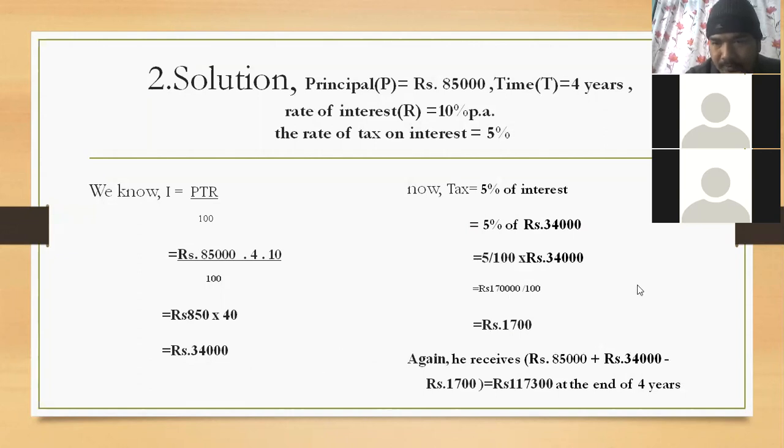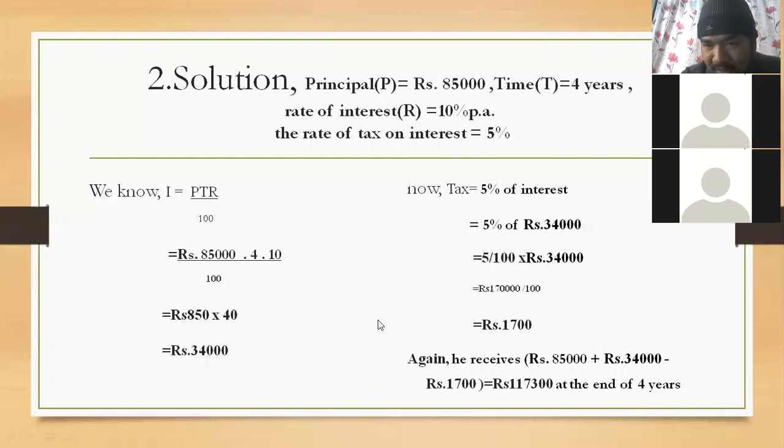Then what will be remaining, how much money is received? 85,000 was deposited, and 34,000 was the interest. And how much is paid as tax? 1,700. Then how much money is received by the depositor in this question?